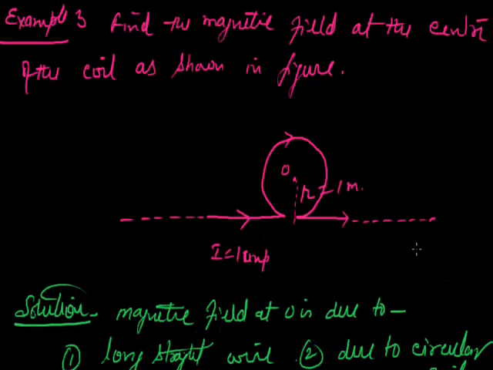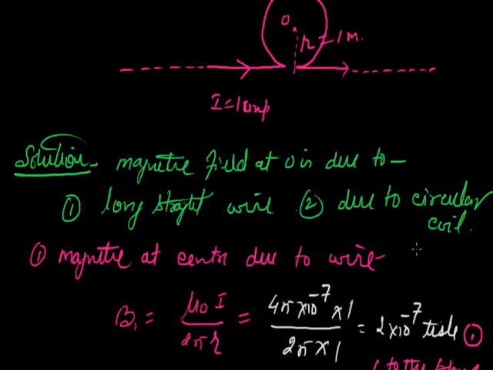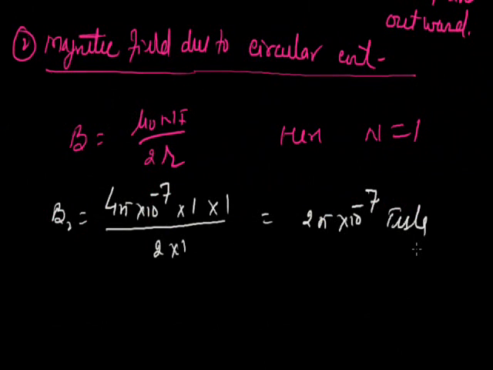If we hold the coil in the right hand such that the thumb shows the direction of current, then B2 will be perpendicular to the plane of the coil, inward.